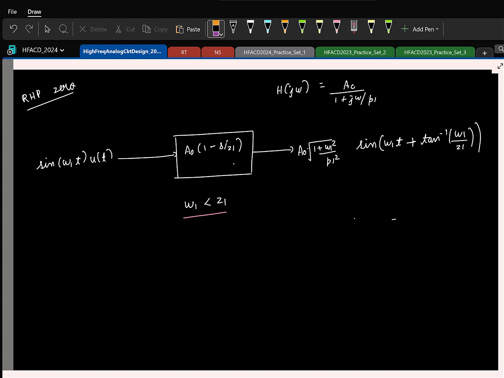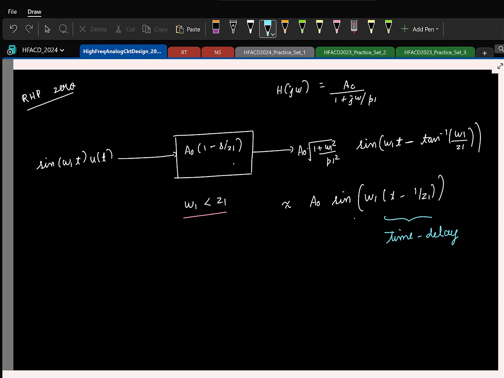The phase becomes minus. So again, if I tend this condition, I can approximate as A0 times sine of omega 1 t minus 1 by 0. So this RHP 0 is introducing what? Yeah. This is giving a time delay. So this is good or bad? This is bad for stability because it introduces more and more delay in the feedback loop.